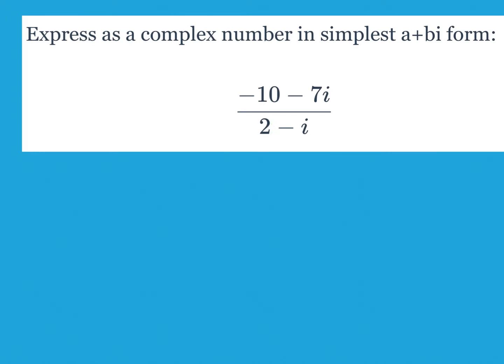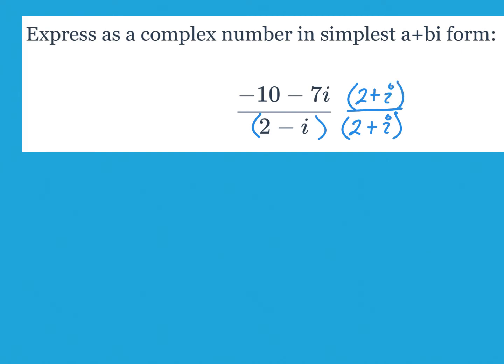So the only thing I can do here is to multiply each side by the conjugate of the denominator. That would be 2 plus i. Since I did it to the denominator, I have to do it to the numerator.